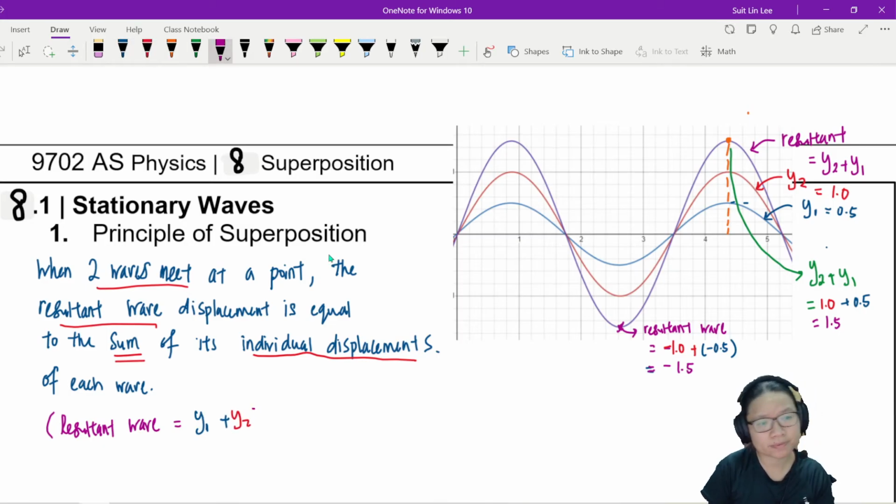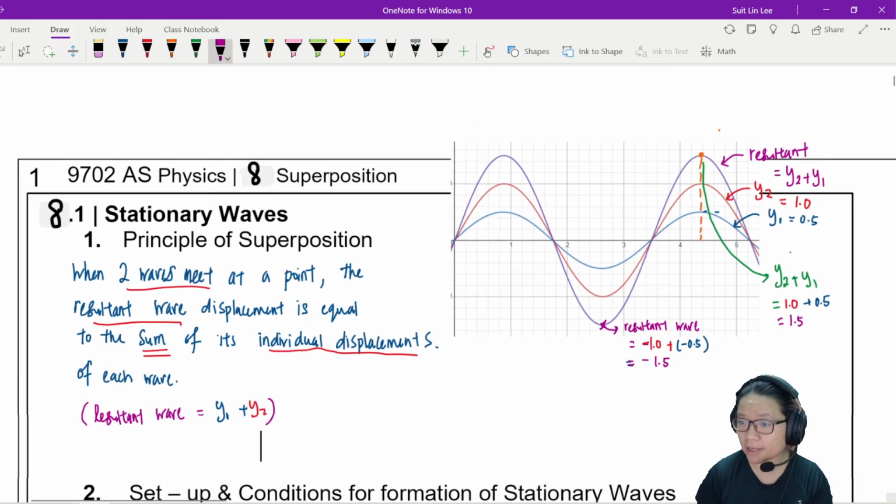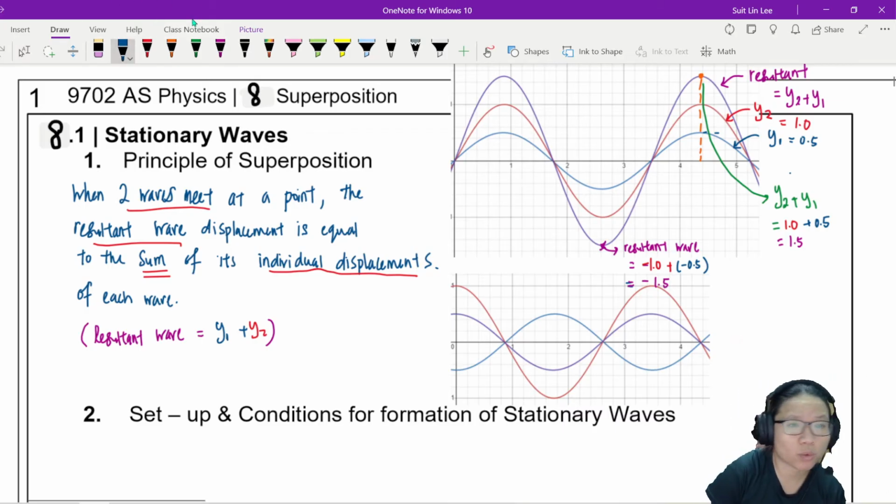Okay. So just to give you another example before I move on to something else, I have here a second picture. Right now you realize that the blue wave and the red wave are a bit not the same like the previous one. But don't forget, which one is your y1?